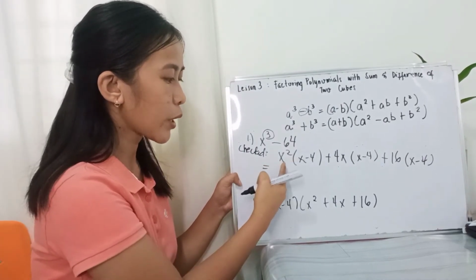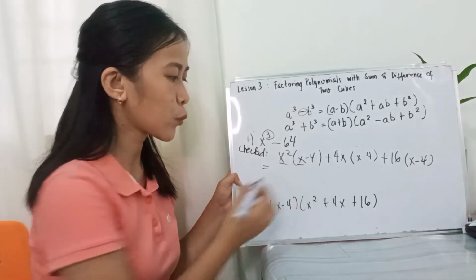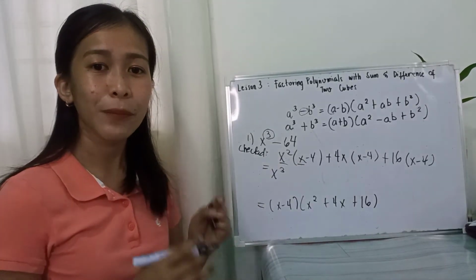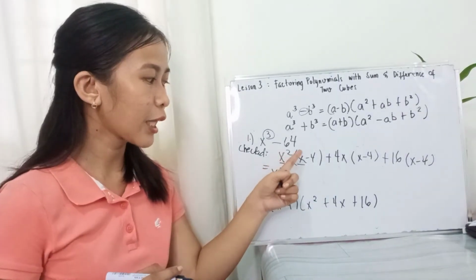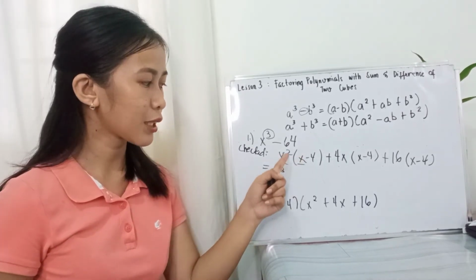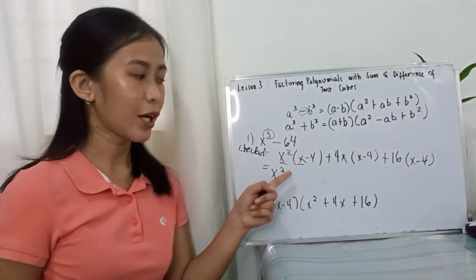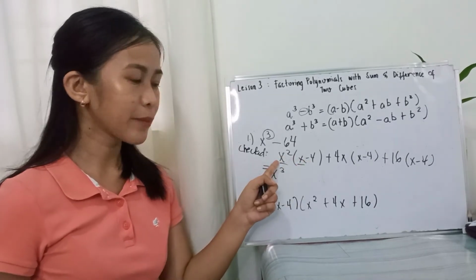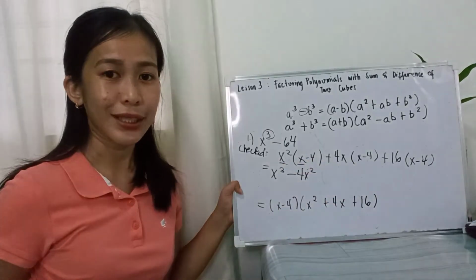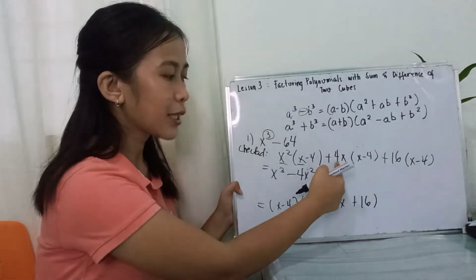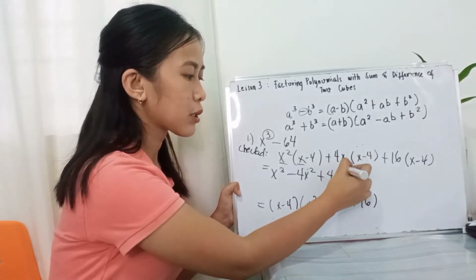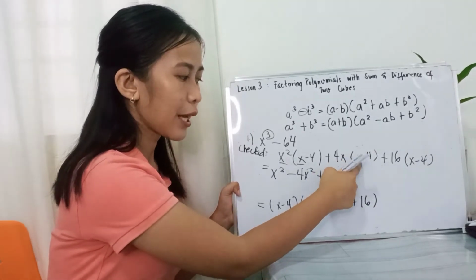Okay? X squared times x. Ayan, x squared times x. That is x cubed. Remember, kapag mag-multiply tayo ng variable, i-add natin yung exponent na mayroon sa kanila. Since ito ay automatic may 1, so that is 2 plus 1, that is 3. Okay? Negative 4 times x squared, that is negative 4x squared. Okay? And then, positive 4x times x, that is plus 4x squared kasi x times x is x squared.